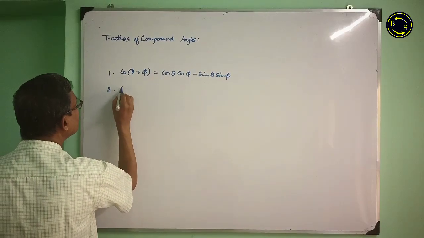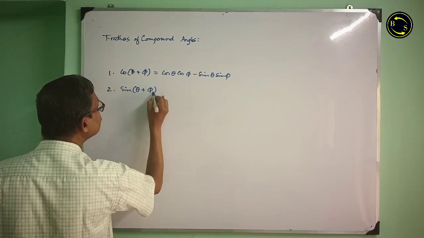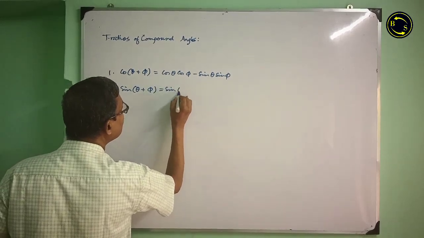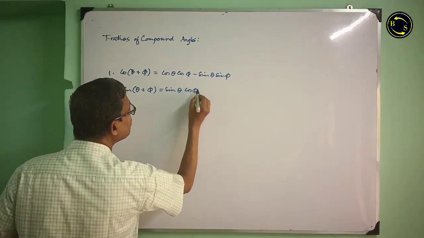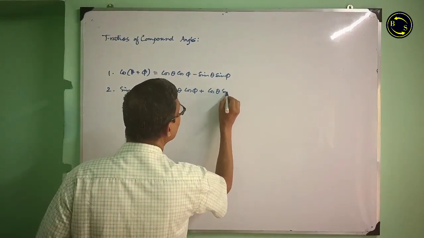Number 2, sin of theta plus phi is sin theta cos phi plus cos theta sin phi.